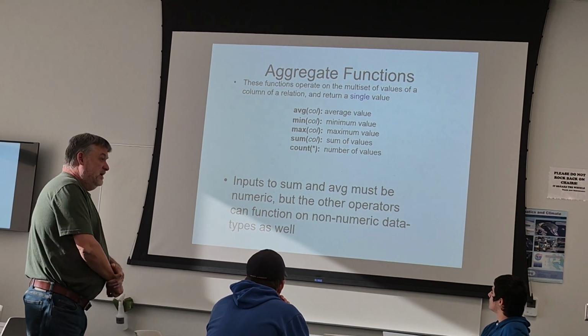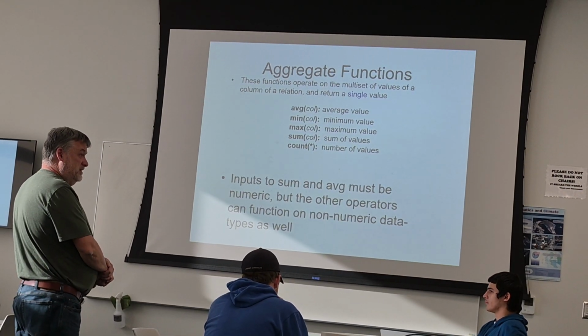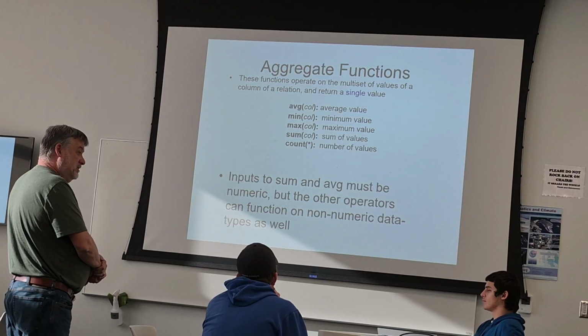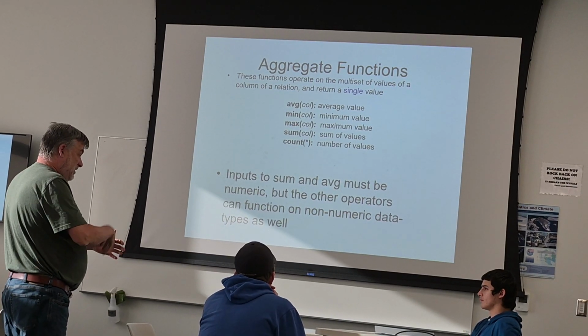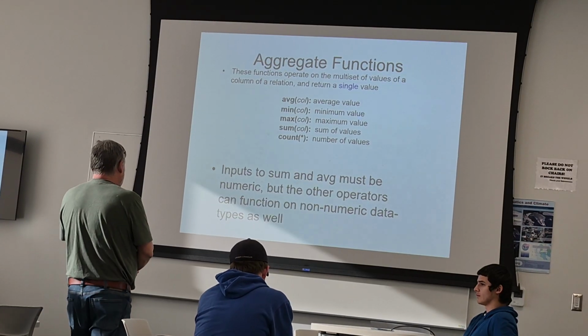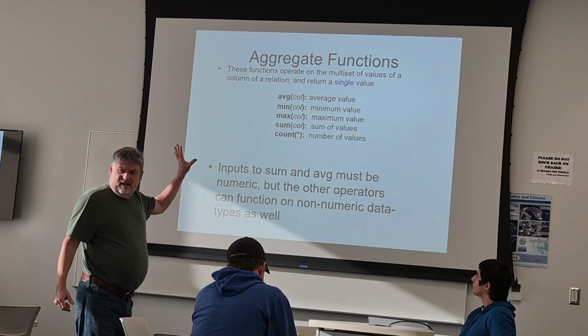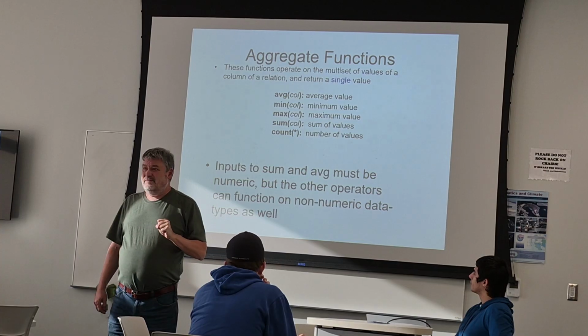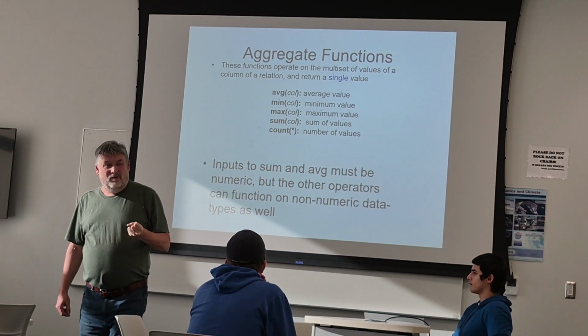So sum really implies I'm looking for a bunch of numbers to add together, and average really implies I'm going to add all these numbers together and then divide by the count, the number of numbers that I've added together. Any explanation required on these? You kind of already know what they should do.